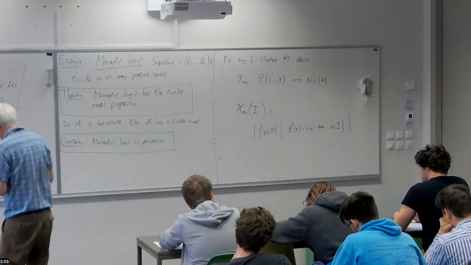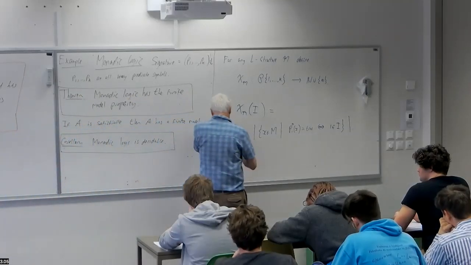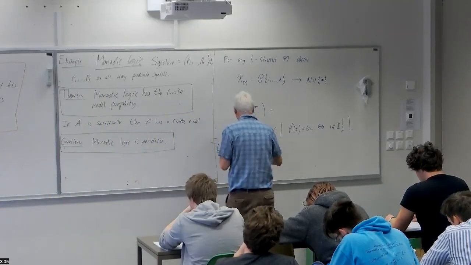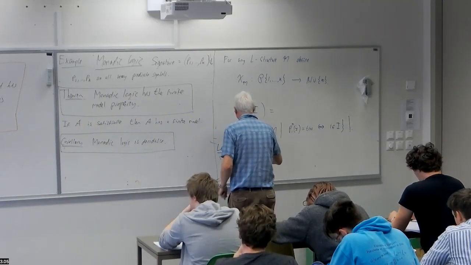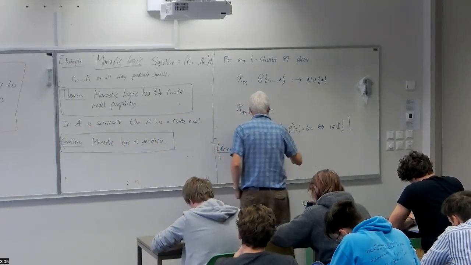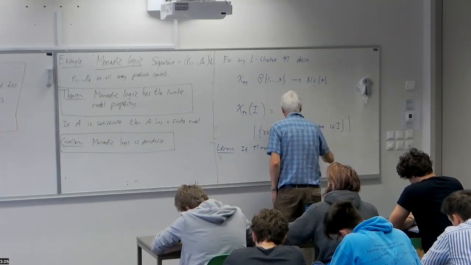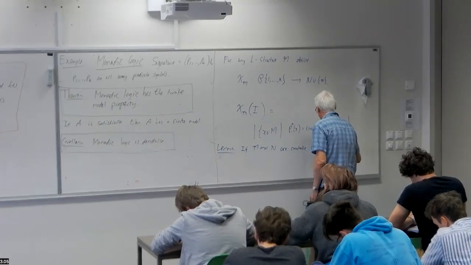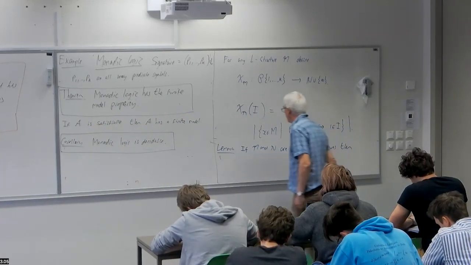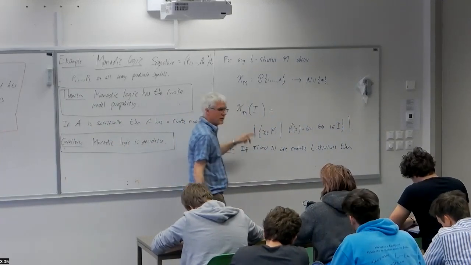And the lemma we have concerning this, maybe I can squeeze it at the bottom of the board, is that if M and N are countable L-structures, then they're isomorphic if and only if they have the same characteristic functions.